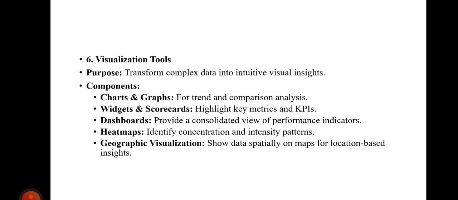An example is customer density across a map using color shades, to identify concentration and intensity patterns. Geographical visualization combines data with geographic maps for spatial analysis. Visualizing sales or delivery zones on a city map can be an example for it.